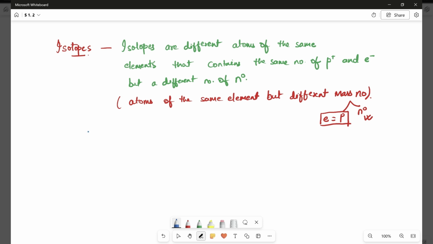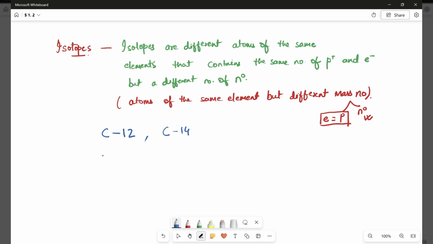So the way to represent an isotope is generally how we do it. Let's take an example. You have carbon, right? Carbon has two isotopes. We can write carbon-12 like this, the symbol of the atom followed by a dash and the mass number, and carbon-14 like this.